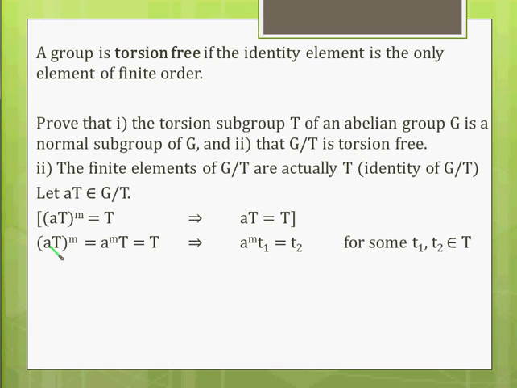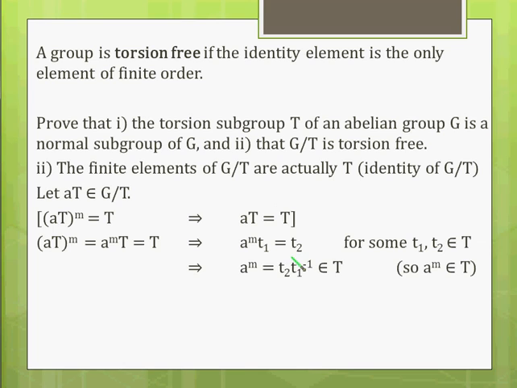Here's how we're going to start it off. aT to the m is a to the m times T. And if that equals T, as we showed, that means that there's some element in T such that this times this equals some element in T. So I rewrote this as this, where t1 is in T and t2 is in T.